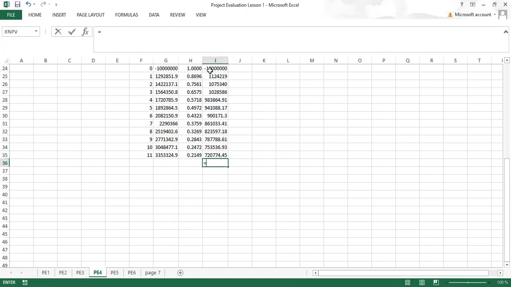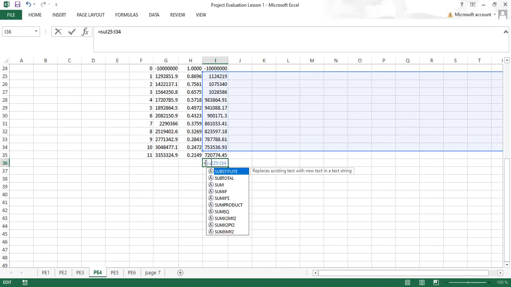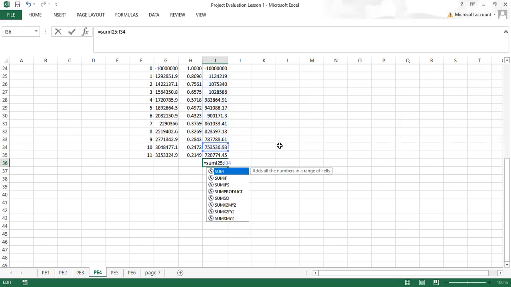Equals from here. The sum, we are finding the sum of all of this from year one.